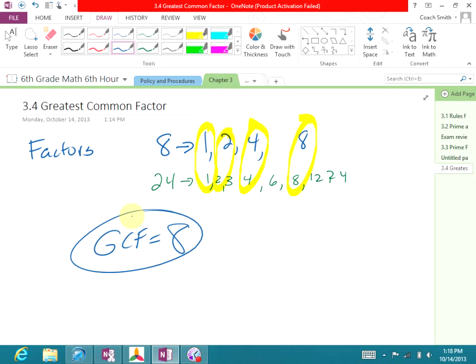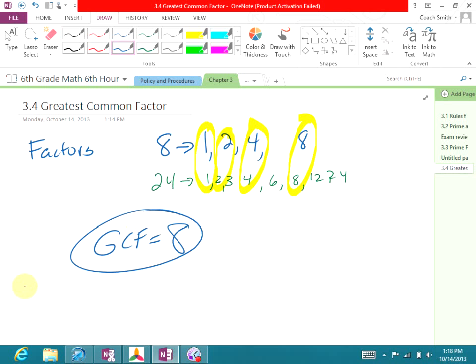Now, obviously, that was fairly easy because I'm dealing with two numbers that are easy to list the factors for. The problem we're going to have is that they're not always going to be that way.